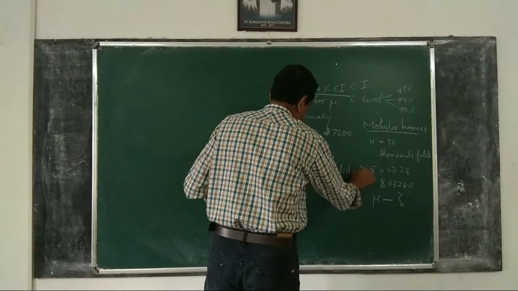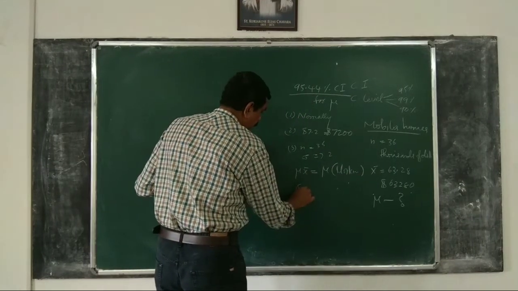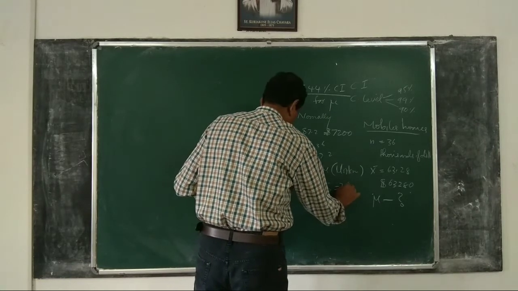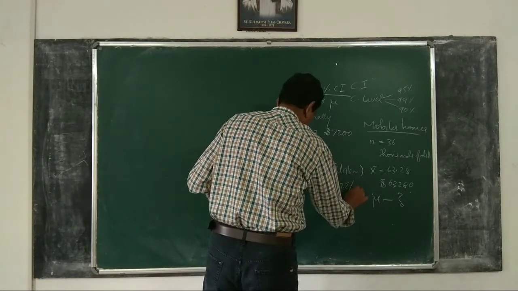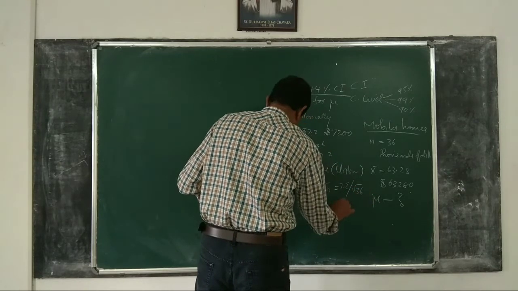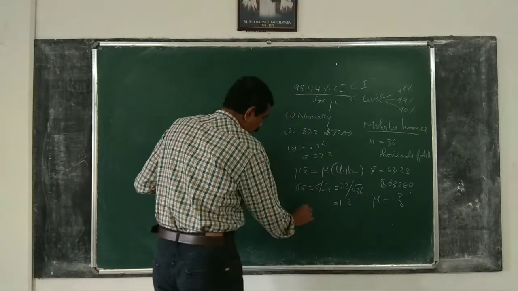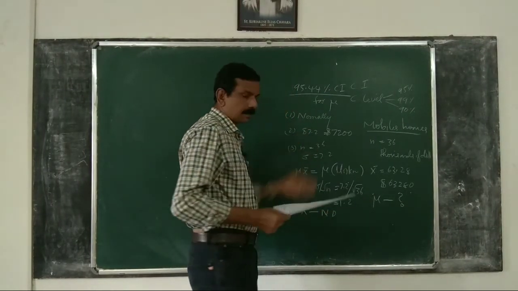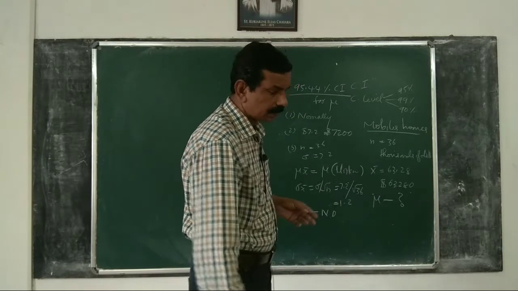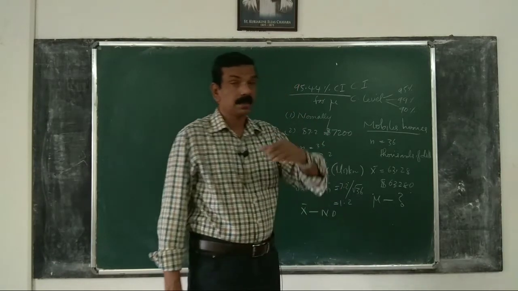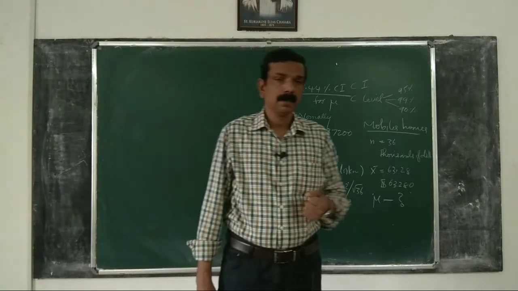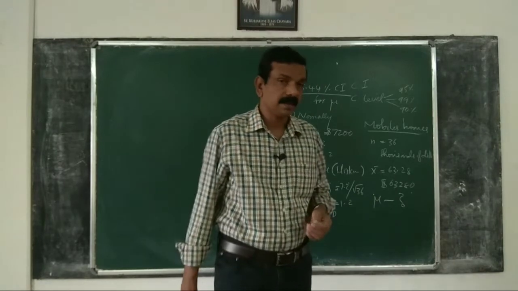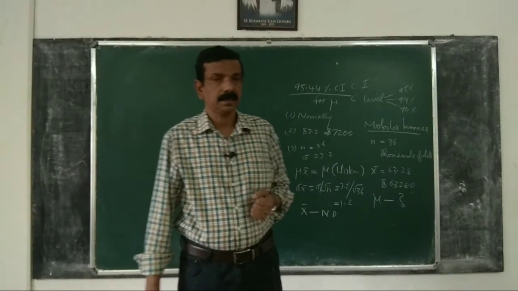Then sigma of X bar is sigma by root n, equal to 7.2 by root 36, equal to 1.2. And we know that X bar is normally distributed. If X is normally distributed, X bar is normally distributed for any sample size. Even if X is not normally distributed, X bar is normally distributed provided that n is greater than 30. That is the central limit theorem.